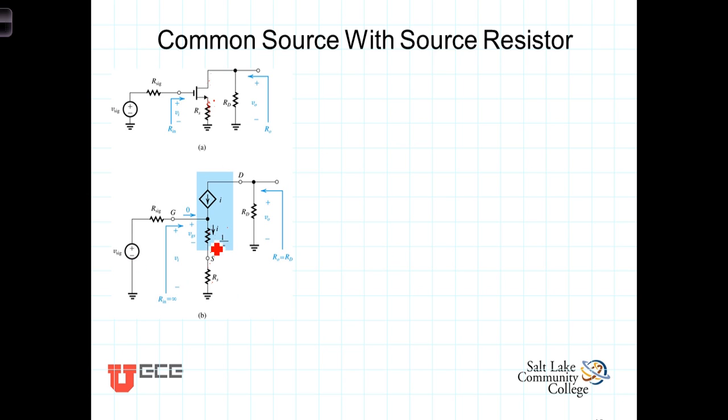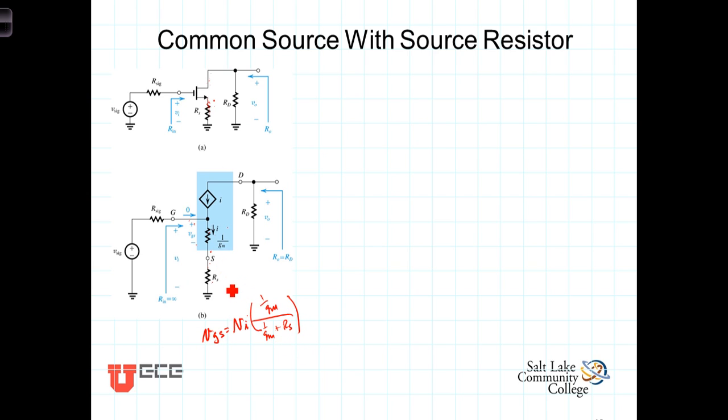We've got a voltage division across 1 over G sub M and R sub S. Thus, VGS, the voltage from the gate to the source, is a subdivided portion of Vin, or V sig, and we get that VGS is equal to Vin times, taking VGS as the voltage across the 1 over G sub M resistance, 1 over G sub M divided by 1 over G sub M plus R sub S.